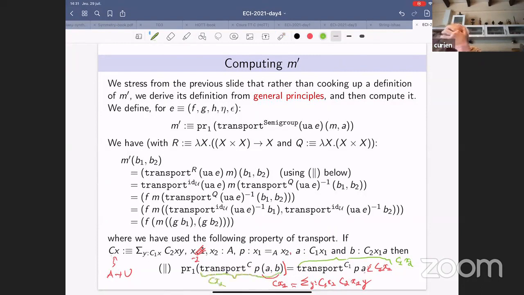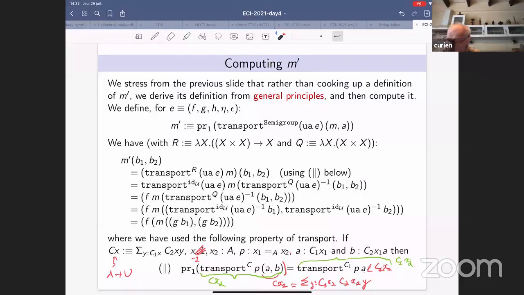But CX2 is a sigma type. Hence, its first projection is of type C1X2. Because I instantiate X with X2, so this X here becomes an X2, and the first projection is in C1X2, so I'm okay. This guy is also in C1X2.